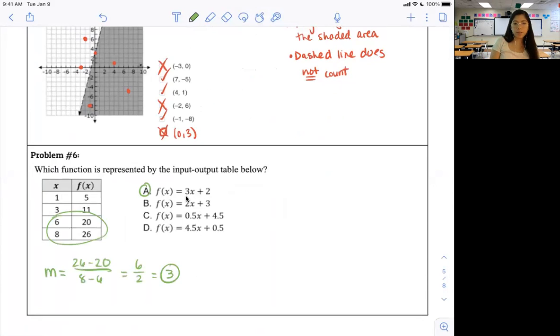Okay, but I also just want to quickly review how to find the y-intercept as well. And the way to do that would just be to plug everything into y equals mx plus b. I'm going to pick a point from my table, any point, doesn't matter which one. Let's pick this one because it's nice. And I'm going to plug in 6 for x, 20 for y, and 3 for m.